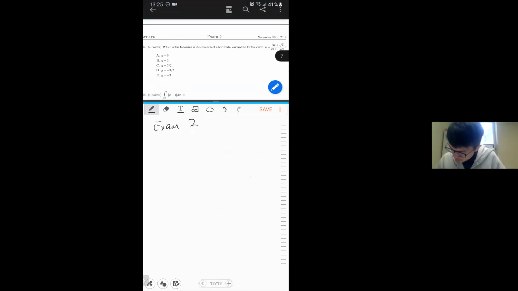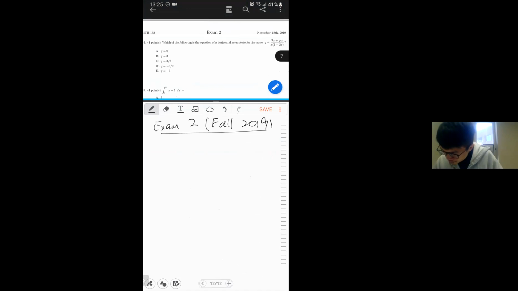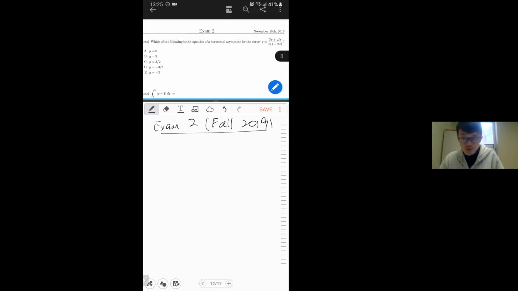So this is the second exam from the fall semester. Which of the following is the equation of the horizontal asymptote of the curve? I hope you can see the function, but let me write this down.